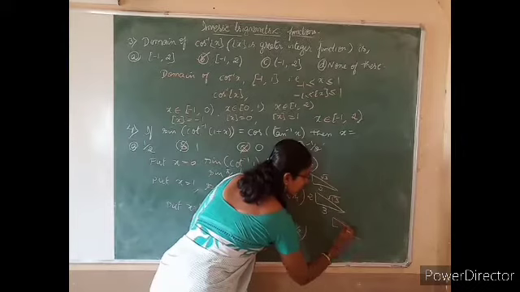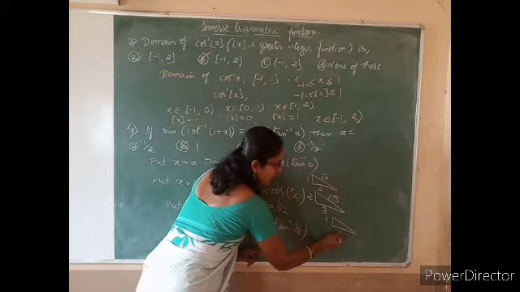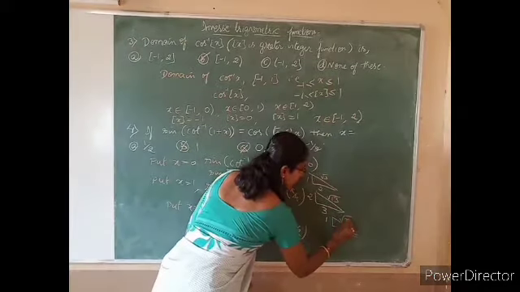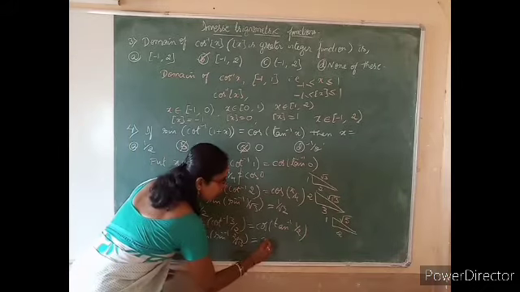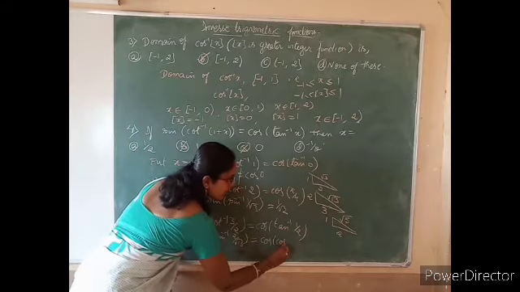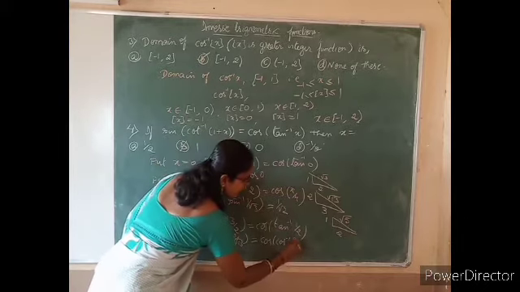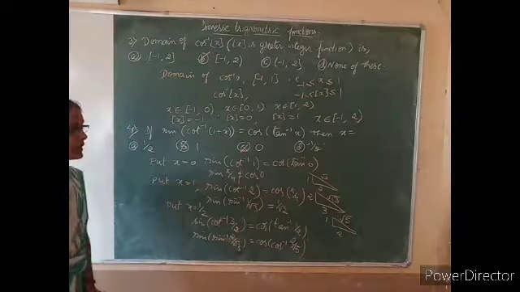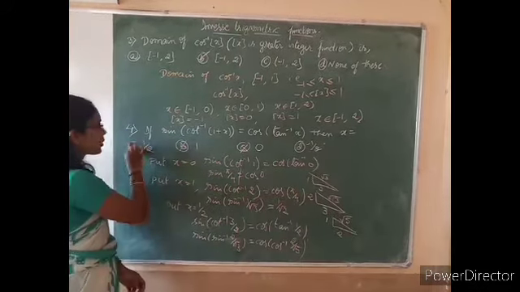If I take a right angle triangle, tan is opposite by adjacent, therefore the hypotenuse will be square root of 5 here. Therefore here you will get cos of cos inverse of 2 divided by root 5. Again 2 by root 13 is not equal to 2 by root 5. This is also not the option.